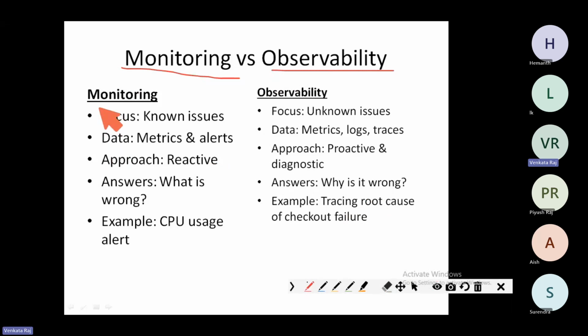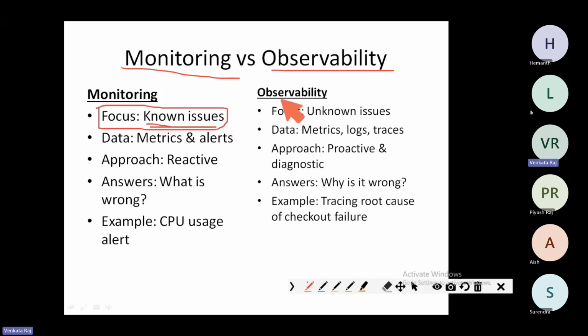In monitoring, our focus is on known issues, guys. Whatever issues you get during the monitoring of the application, you would have configured the alerts, let's say, for example. You got a problem in the application. So you know that issue. So in case of monitoring, your focus is on the known issues.